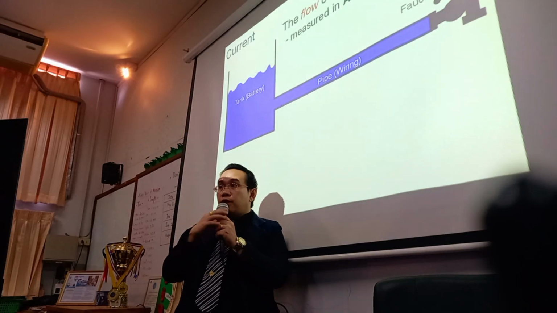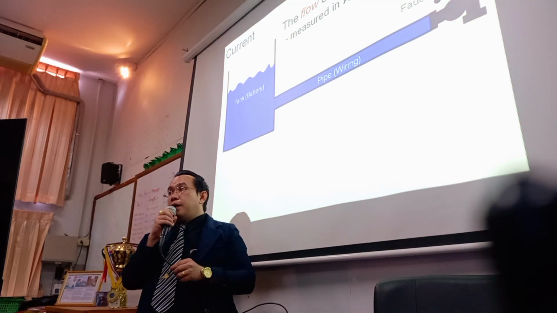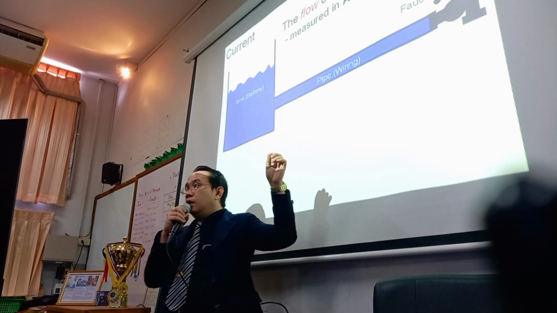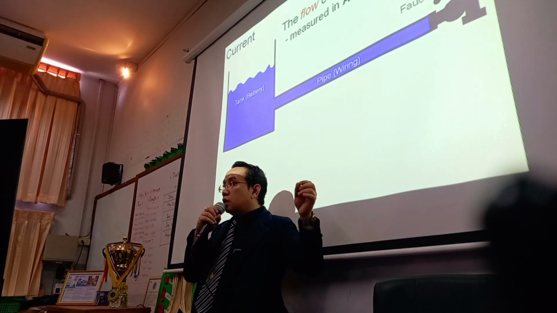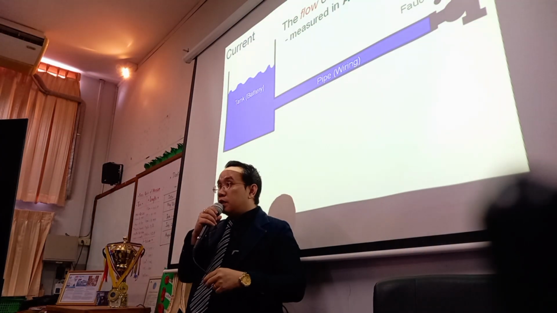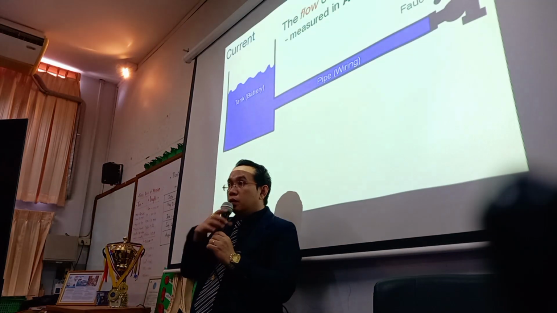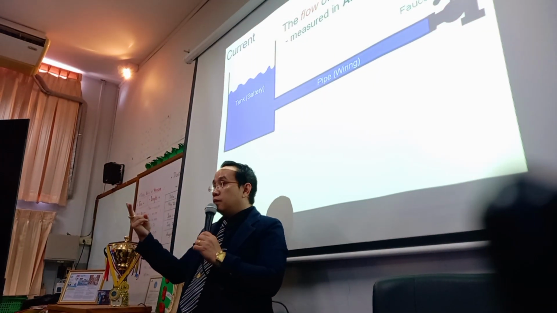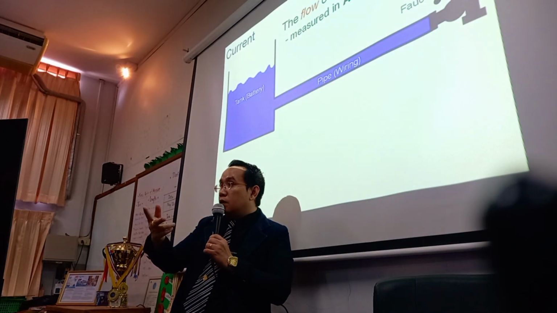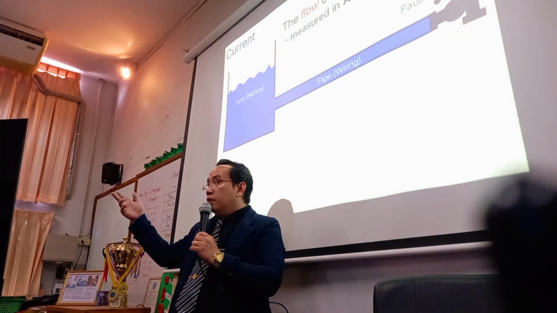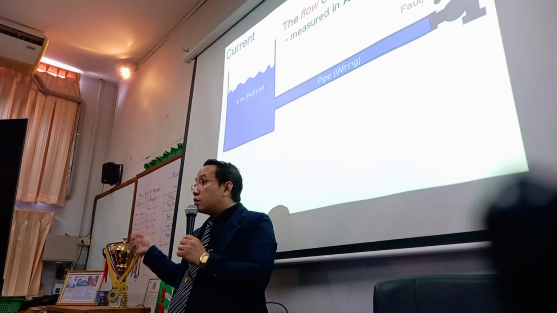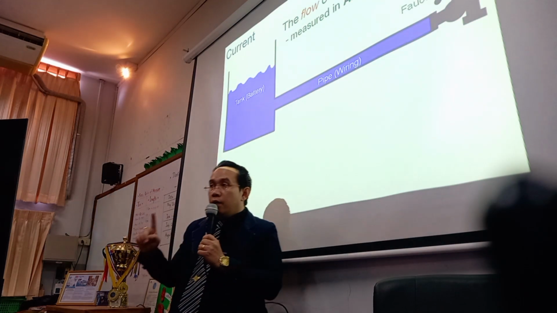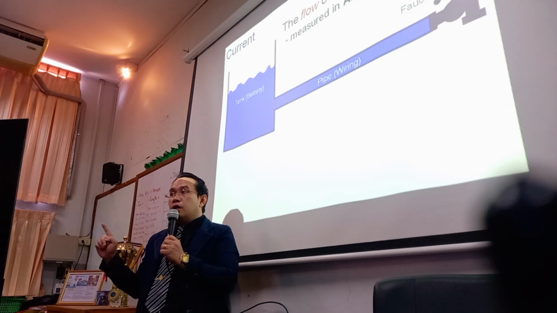But in scientific theory and application, current is used as a term for electricity. Don't be confused between the two meanings of current. Current in English, and the other form of current when it comes to electricity. Do you understand? So, current is a flow of electric charge.